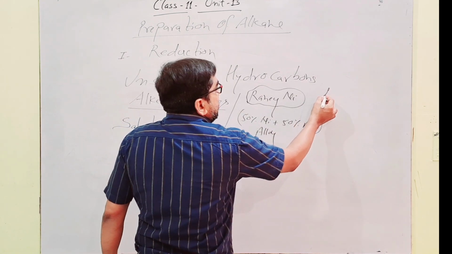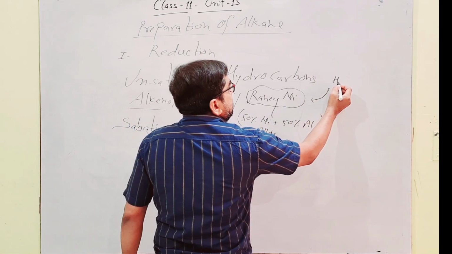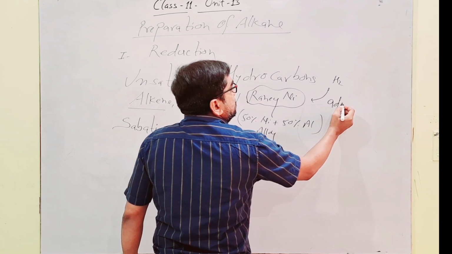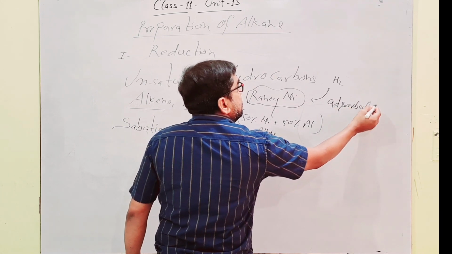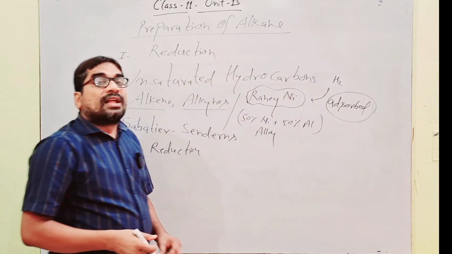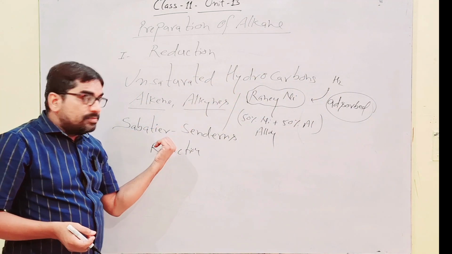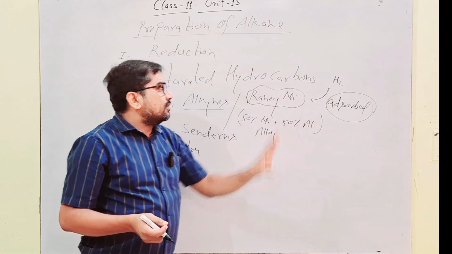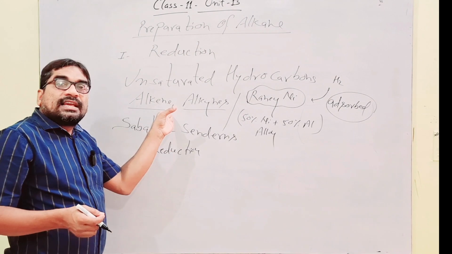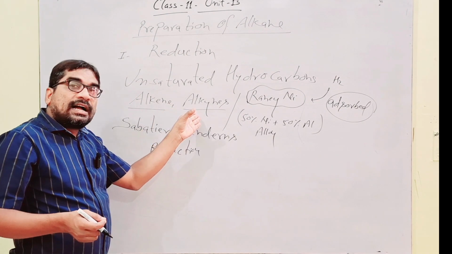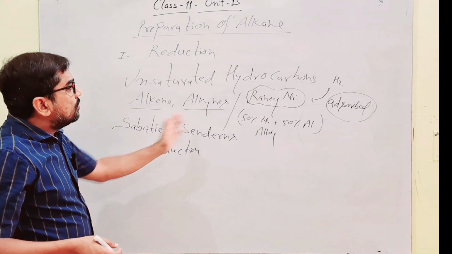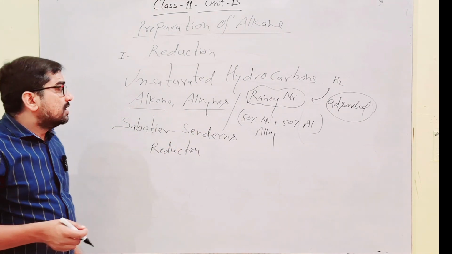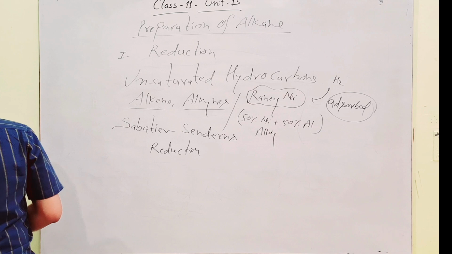Here hydrogen gas is adsorbed, not absorbed, on the surface of this Raney-Nickel. This adsorbed hydrogen gas reduces alkene to alkane and alkyne to alkene, then alkane in 2 steps. How this reaction is carried out, we will discuss.